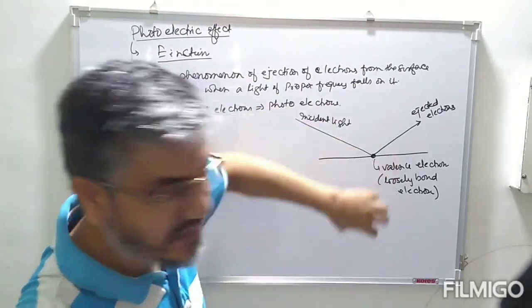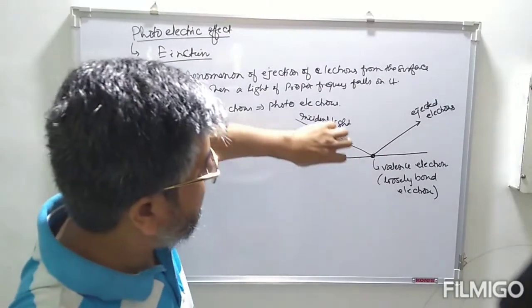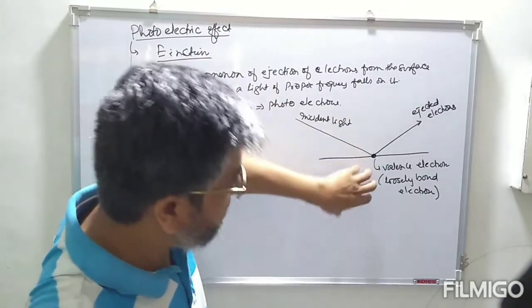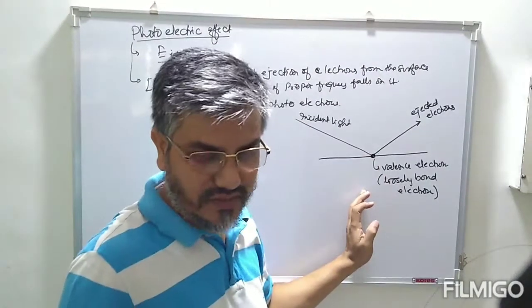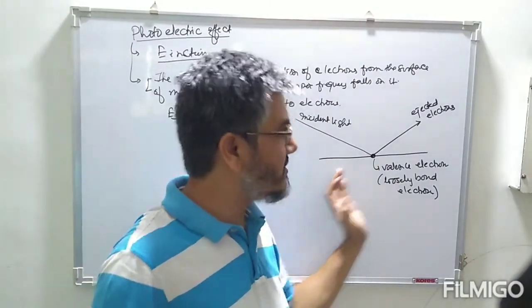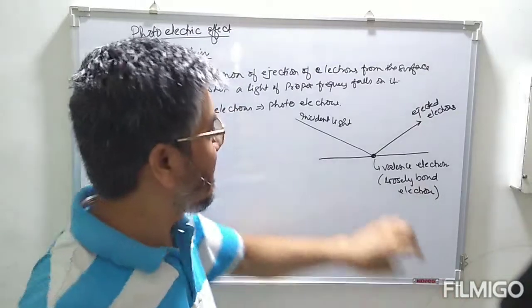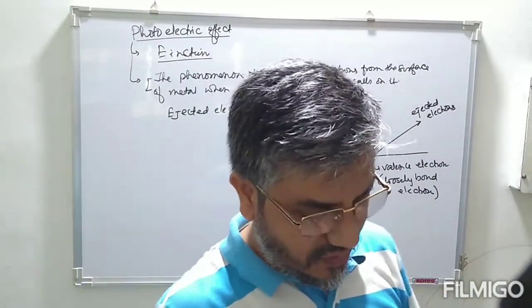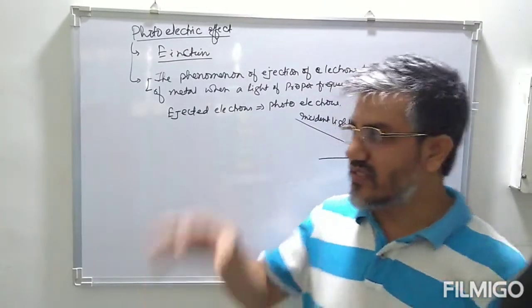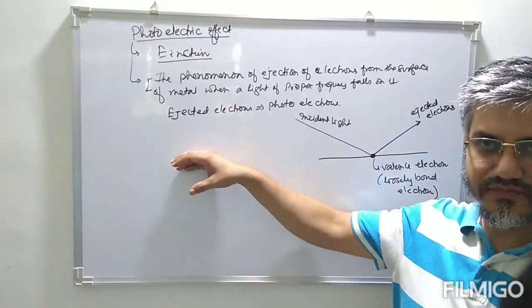the force of attraction between electron and the nucleus. After breaking of the attractive force between this electron and nucleus, electrons are completely ejected from the surface of metal. This is what we call photoelectric effect. So during this photoelectric effect, you are supplying energy on the surface of metal.